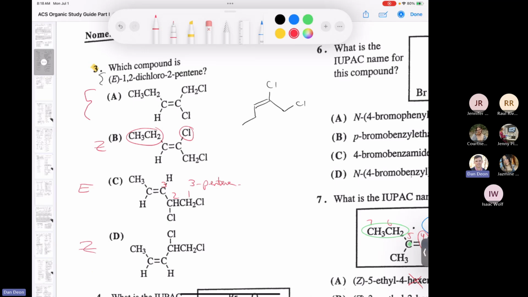Then if you go to A, let me fix that up. All right, so we have 1, 2, 3, 4, 5. You can see that this is an E compound because the chlorine takes precedence and the ethyl group takes precedence. You have a chlorine at carbons 1 and 2. So there you go. You have your double bond at carbon 2. So A would be the correct compound. This is the correct compound right here.